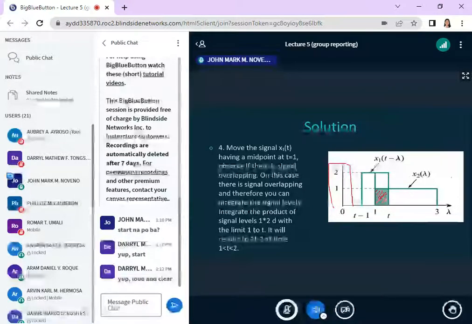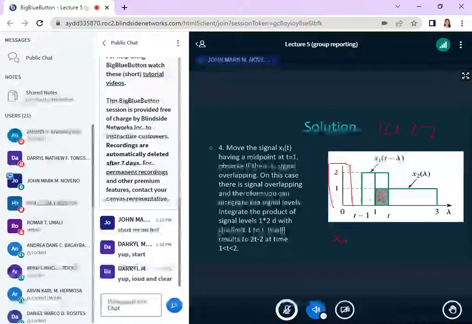So, ibig sabihin, at time na ang time natin ay less than 2 but greater than 1, meron tayong makukuha na x sub 1 is equal to 2 at ang ating x sub 2 ay equal sa 1.